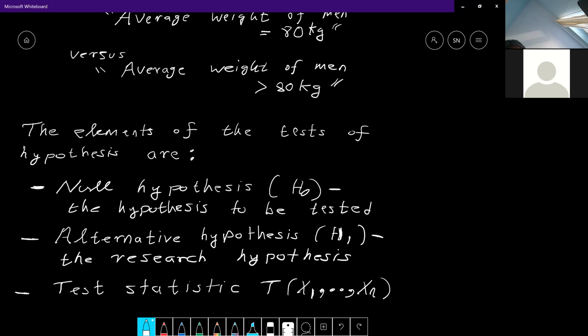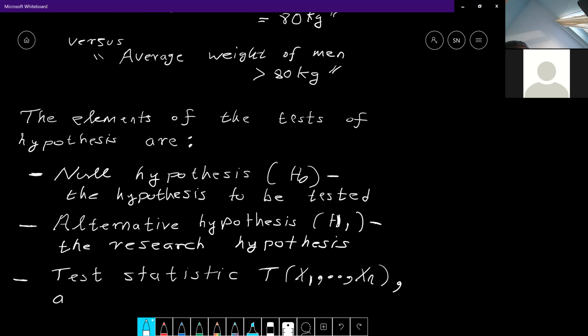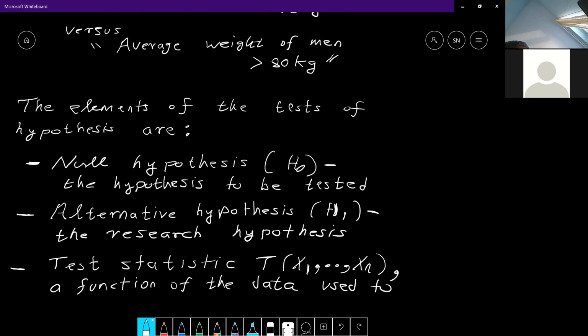As I said, it's a function of the data that is used to determine whether the null hypothesis or the alternative hypothesis is true, right?